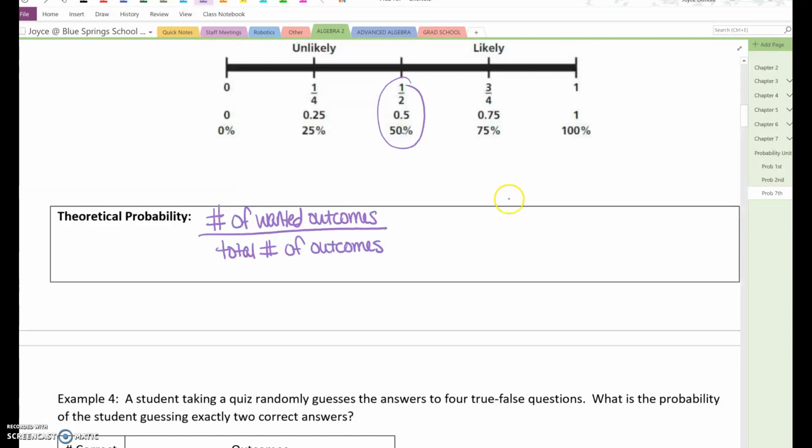For example, if I wanted you to roll a standard 6-sided die and get a number larger than 1, how many things on that die are actually larger than 1? 5. 2, 3, 4, 5, and 6. There are 5 outcomes that we want out of a total of 6 possible outcomes.